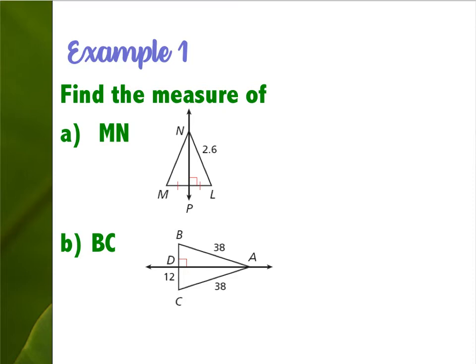So example 1, find the measure of MN. So NP is our perpendicular bisector because it follows our two rules. One, it's perpendicular, it cuts at 90 degrees. And two, since MP is equal to PL, it cuts it in half.